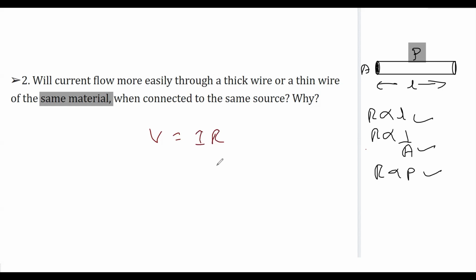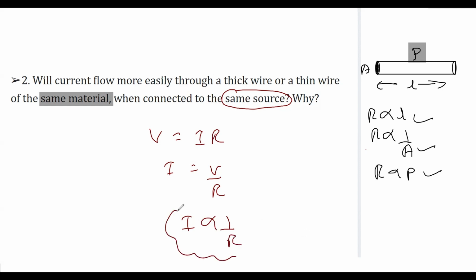Keeping this in mind, I is equal to V over R. That means for the same source, when V is constant, current is inversely proportional to R. And from here, you can see that the current is inversely proportional to A.